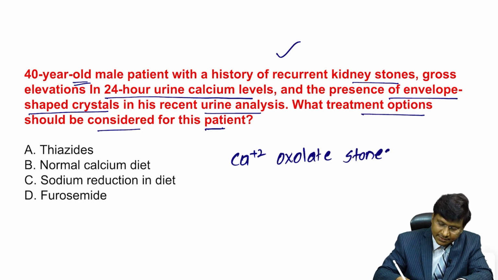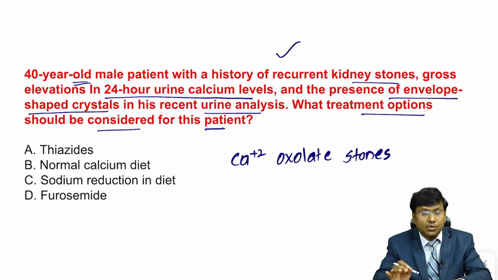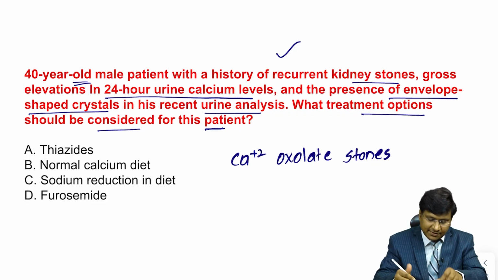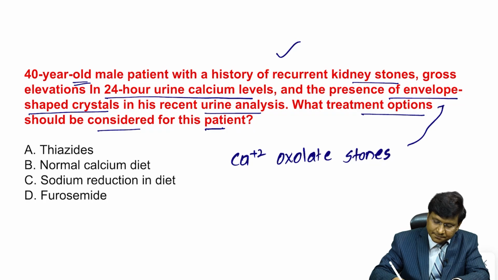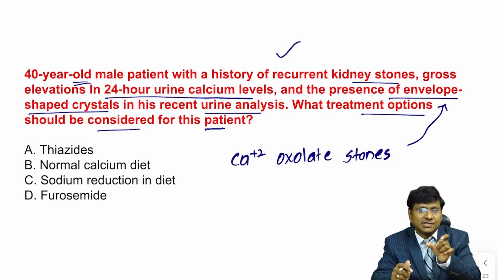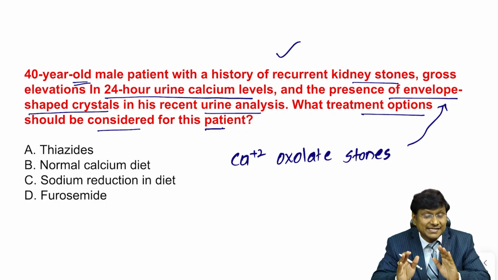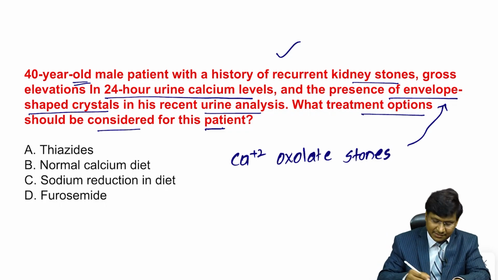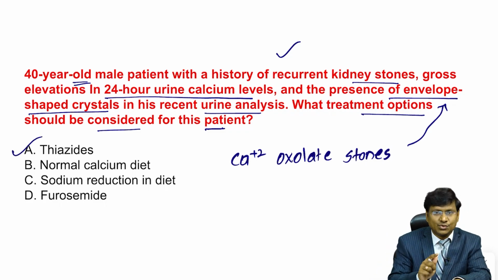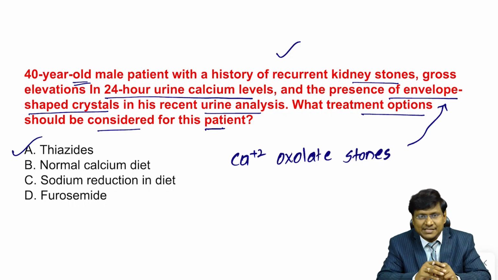Calcium oxalate stones are the ones which will give rise to these envelope-shaped crystals. Now, what should be considered for reducing this calcium in the tubule is thiazides. So thiazides are considered effective in preventing the recurrent kidney stones, especially in patients with hypercalciuria.